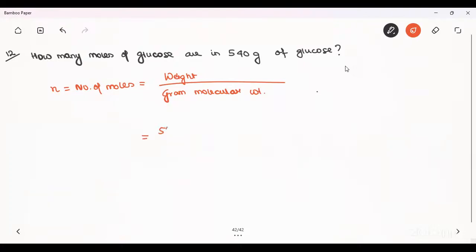So it's 540, glucose C6H12O6. If you calculate its molecular weight, it will come as 180. So it is 3. So the answer will be 3. If there is any more question, let me see.